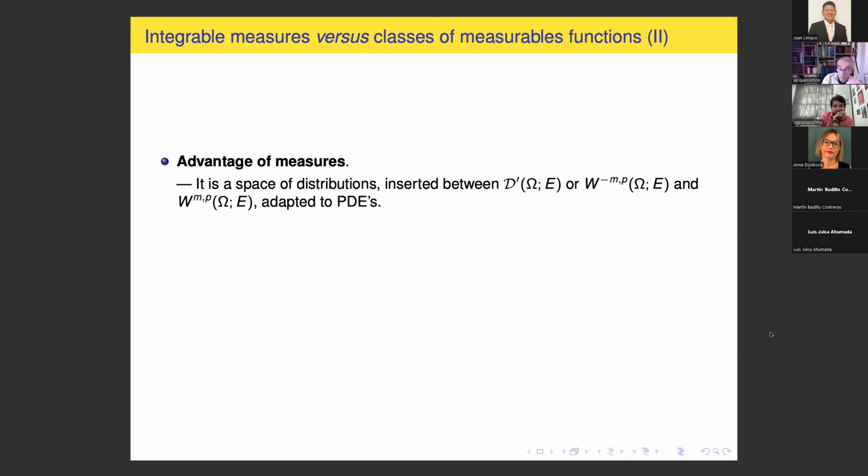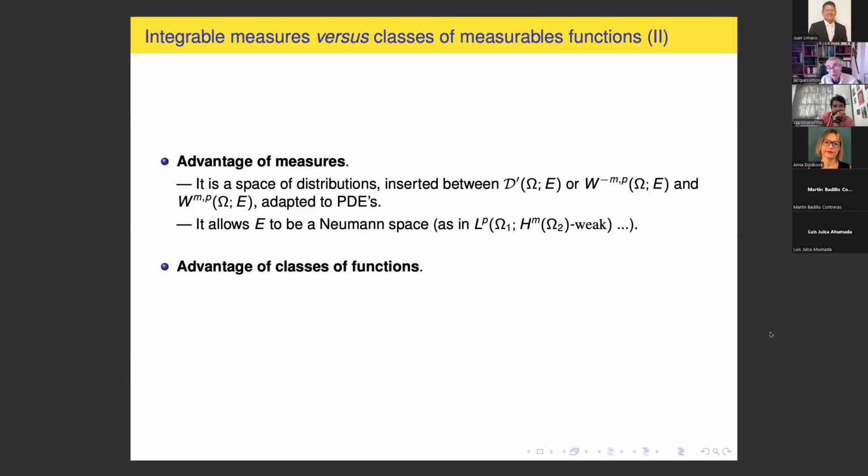But the first advantage is that it is a space of distributions. And when we do PDE, it is interesting to have distributions more than classes of functions. And the second and more interesting advantage is that it allows E to be a Neumann space. So it allows E to be Lp1, to be Hm weak, to be a lot of things.